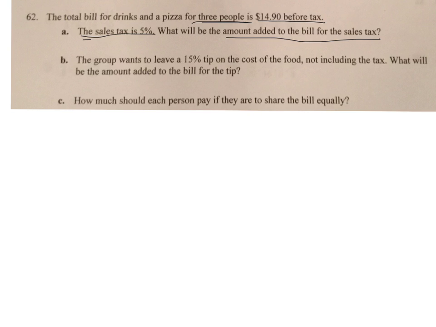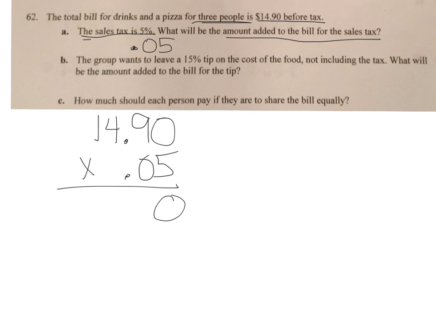So remember, we talked about that 5% is the decimal .05. So we are going to multiply 14.90 by the .05. So I'm just going to get a 0, 45, carry your 4, 24, carry your 2, 7. We have 1, 2, 3, 4 numbers behind the decimal.